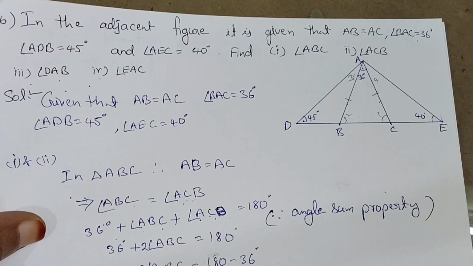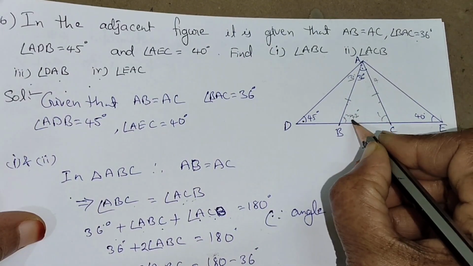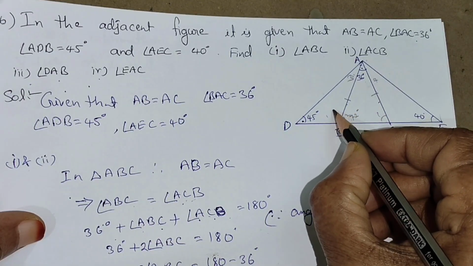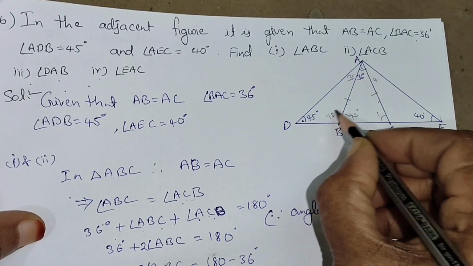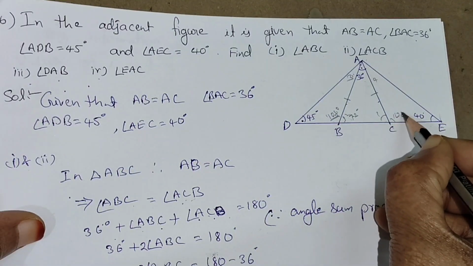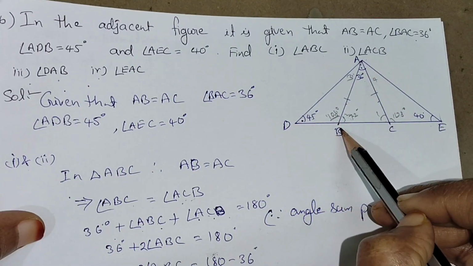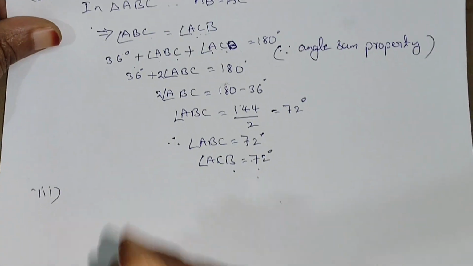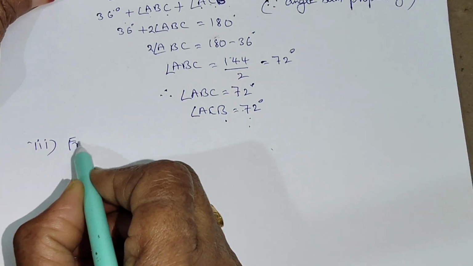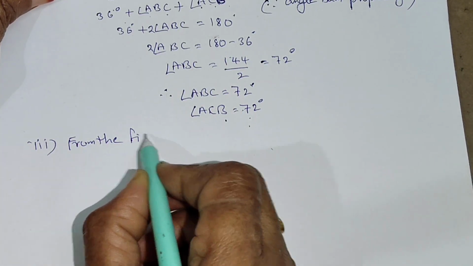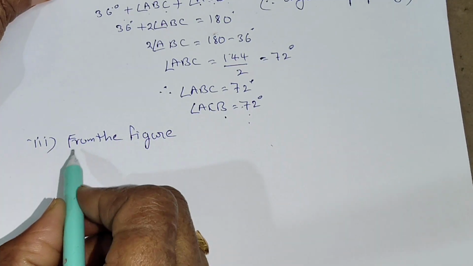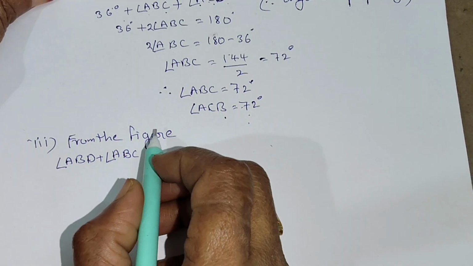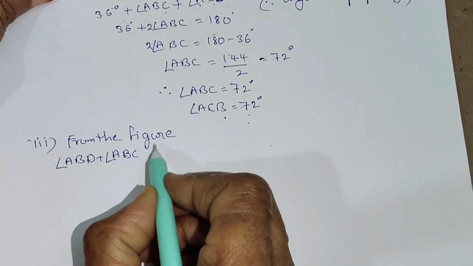This means 72 degrees, so 180 minus 72 means 108 degrees. Here also the same, 108 degrees. Now in triangle ADB, we know two angles and we find the third one. From the figure, angle ABD plus angle ABC equal to 180.